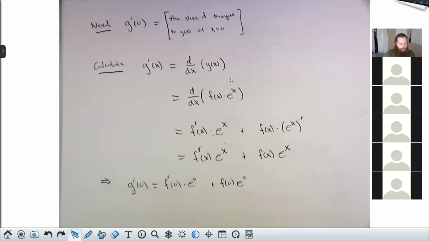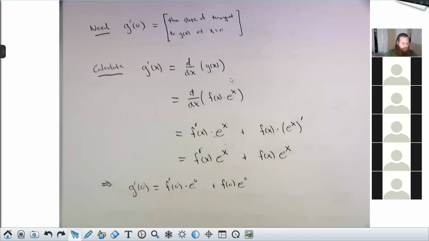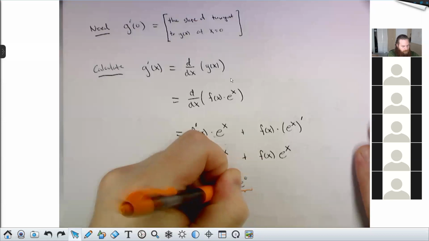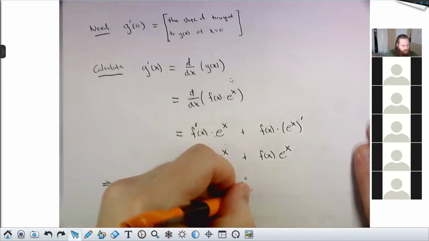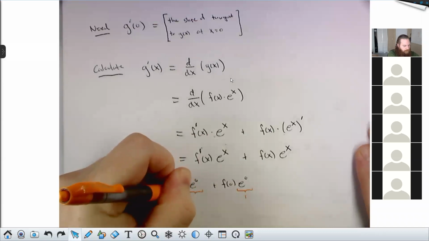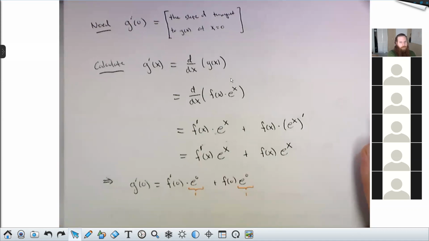Now for the fun part. What's e to the 0? 1. Good. Anything to the 0 power, at least any finite non-zero thing to the 0 power, is 1. So e to the 0 is definitely 1.